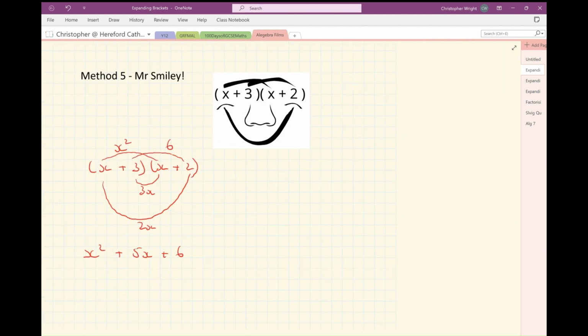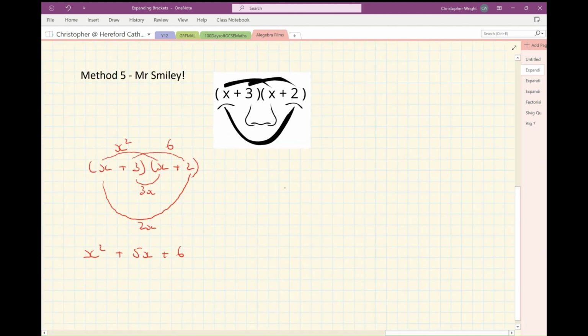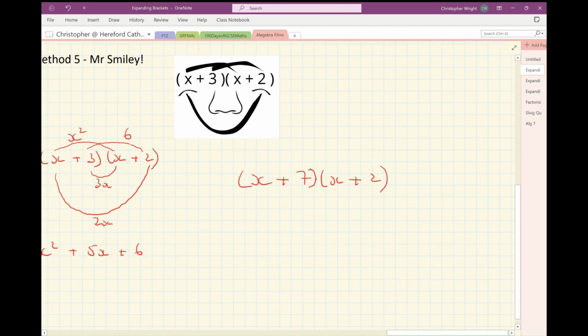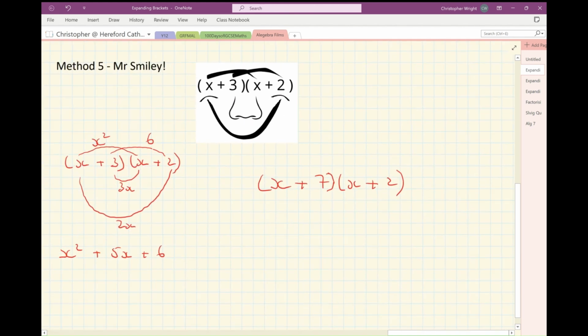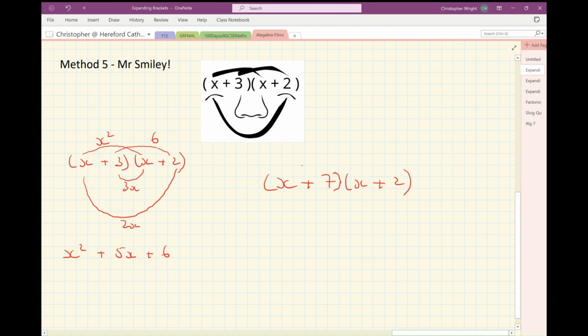Okay, so let's try this one here. X plus 7, lots of x plus 2. So you could pause the film now if you wanted to. Right, I'm going to draw my first eyebrow and my second eyebrow. I'm going to draw my nose and my mouth.